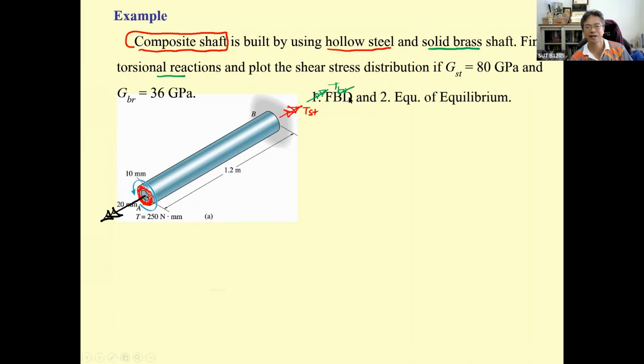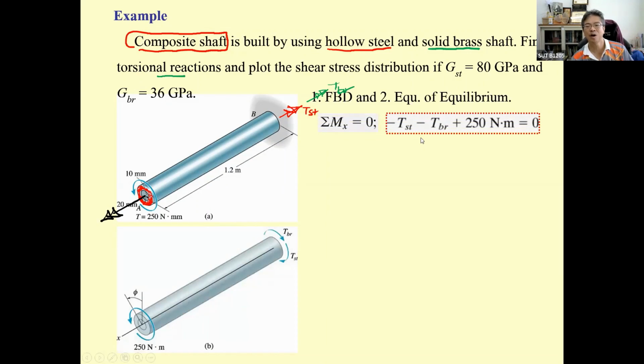So summation of moments in the x direction, with this direction taken as positive, 250 Newton meter, or Newton millimeter, I'm not sure which, it's going to be Newton meter, is positive, and T steel and T brass are negative.